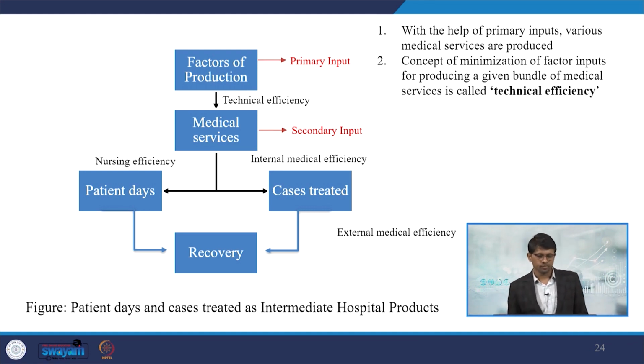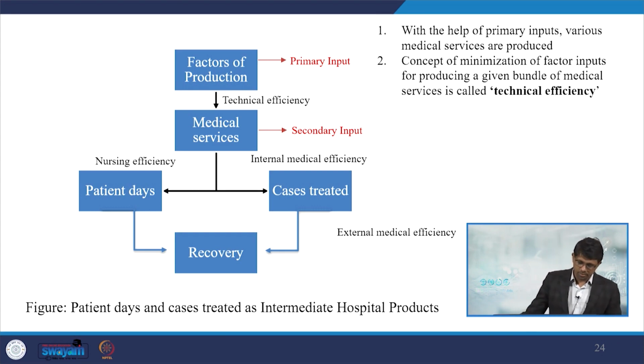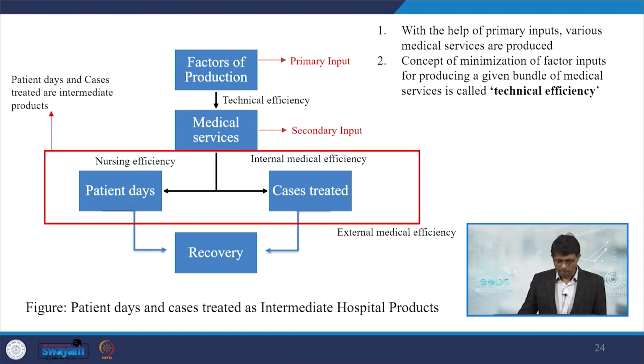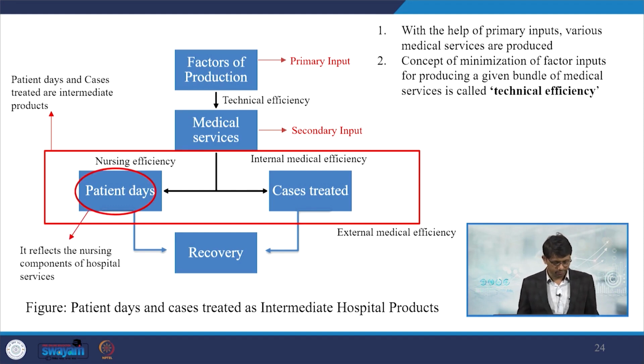So largely we start with the output as medical services, or sometimes it is also calculated as a secondary input, and the final forms of output you can see in terms of patient days and cases treated. In patient days, we say nursing efficiency, and in cases treated, we say internal medical efficiency, though there are also other external medical efficiency issues as well.